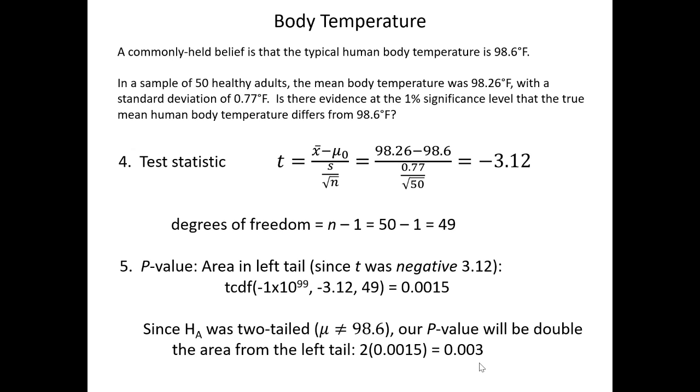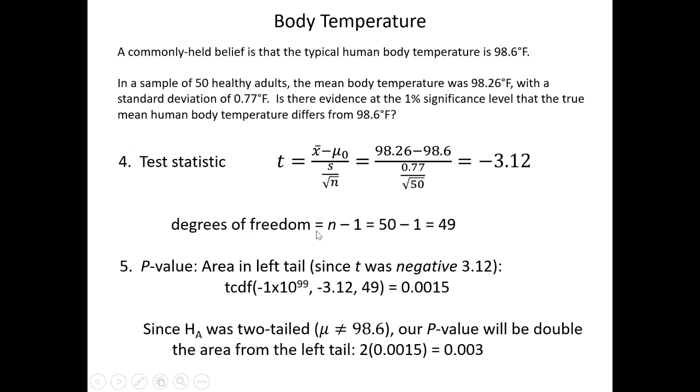Okay, since it's a t-test, we're going to use the formula, which is the t-statistic. So we'll put in the sample mean first, minus the hypothesized mean, and that's over the standard error of the mean, which is s over root n, the sample standard deviation over the square root of the sample size. All right, so that works out to be negative 3.12.